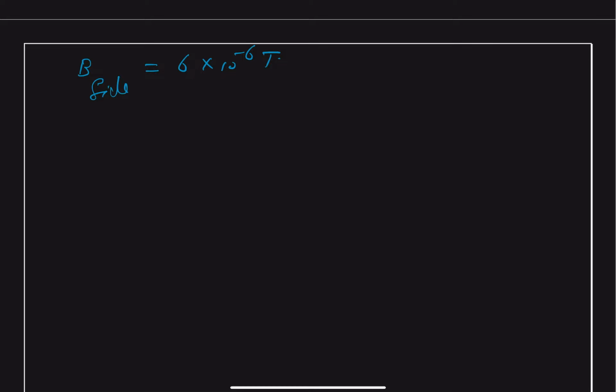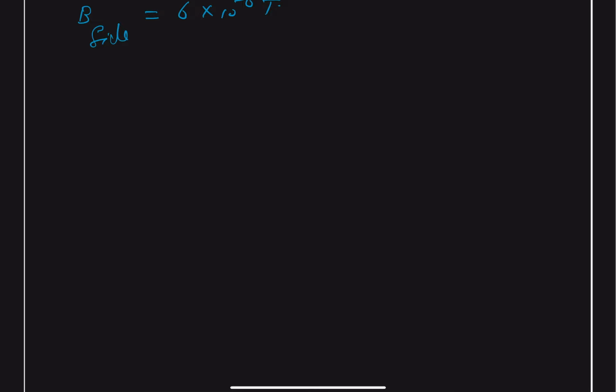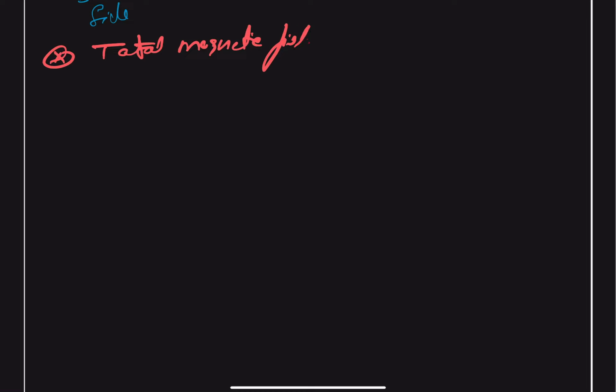And we have 3 sides. So the current will be flowing in the same direction, so it will be additive in nature. Therefore, we can say that total magnetic field B, total magnetic field at the center, B will be equal to 3 multiplied by B side.